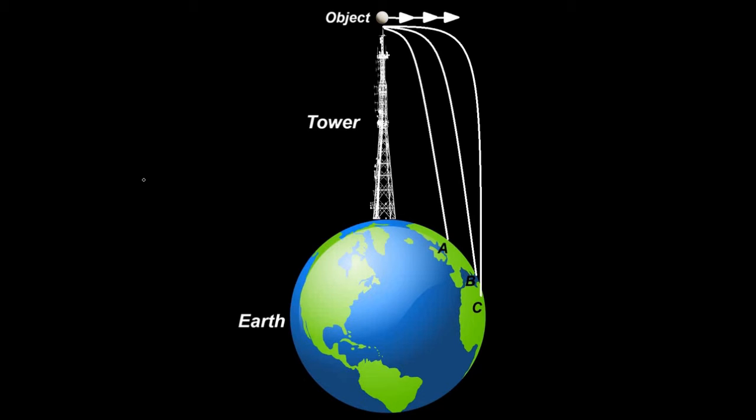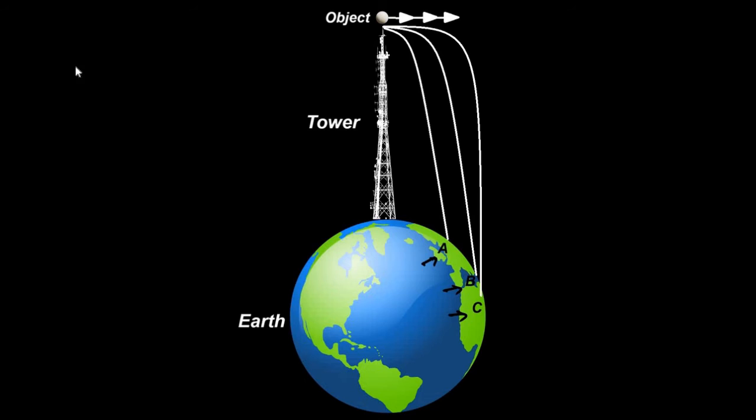It will hit Earth at this point, a bit away from the foot of this tower, at a considerable distance. Now suppose we increase the velocity by a certain margin, then it will undergo a different parabolic trajectory and will hit Earth at point B. And again we increase the horizontal velocity, it will undergo a different parabolic trajectory and hit Earth at point C.